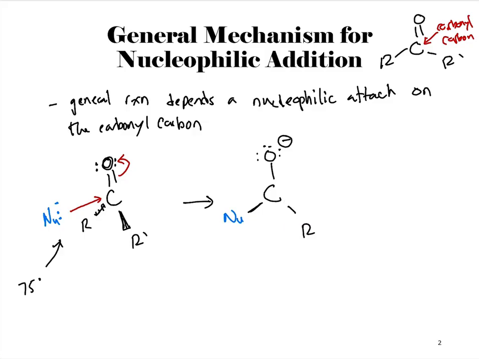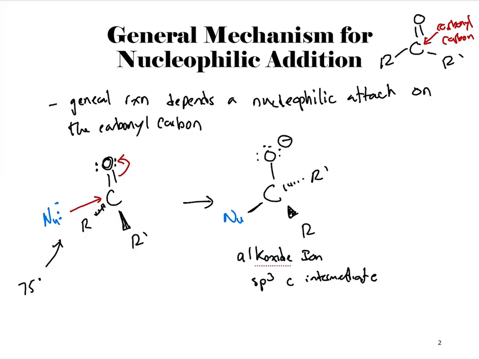And I'll draw the dashes out for this particular mechanism. The stereochemistry could be that important, but it is good to keep in mind all this, right? So this is called our alkoxide ion, right? And this is an sp3 carbon intermediate.